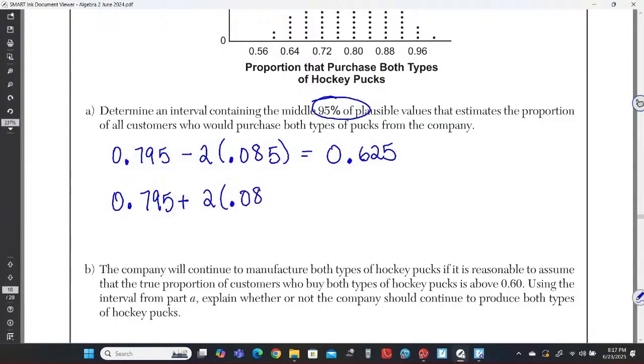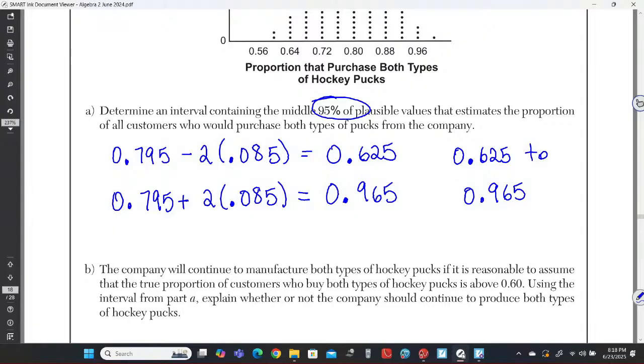It's really tempting to add and subtract just 1, but that would only get you about 2/3 of the data, not 95% of the data. And that's 0.965. So then you want to say 0.625 to 0.965.